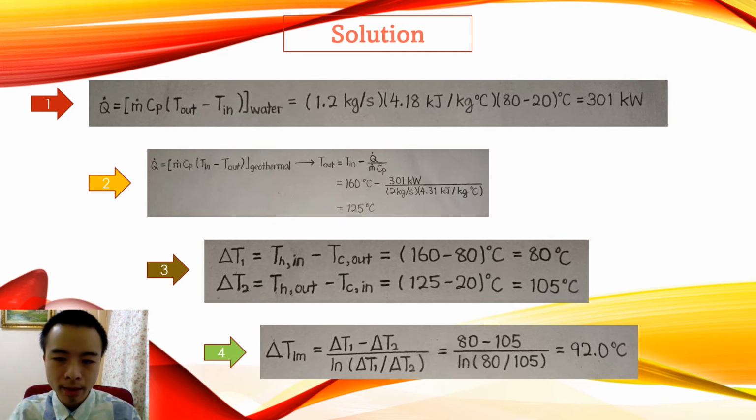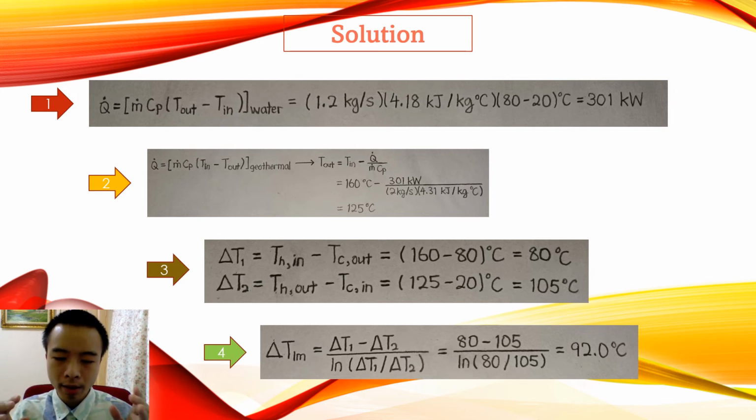So for now, the first step for solving this problem is to find the rate of heat transfer in the heat exchanger, which can be determined from the formula Q dot equals mass flow rate of water times specific heat of water times the difference in T out and T in. So the rate of heat transfer we get is 301 kilowatt.